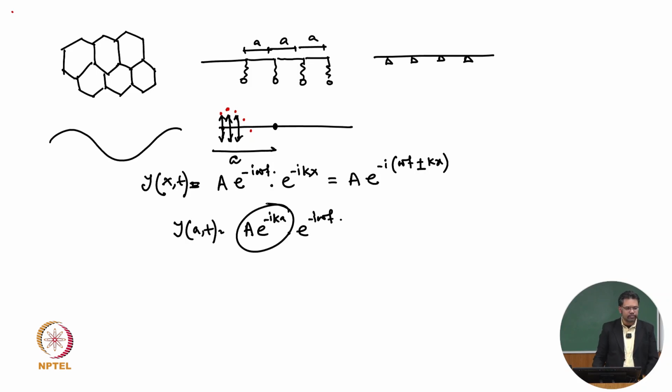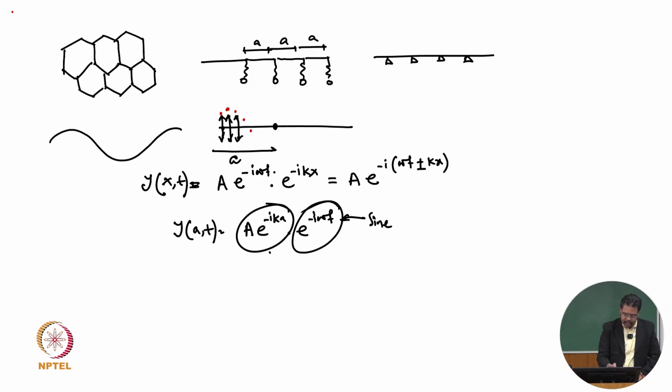This is the constant value, e to the power of minus i k a, times e to the power of i omega t. So this is again a sinusoidal type of vibration, and this constant is acting like an amplitude. So we can see some oscillation, and that oscillation is this.